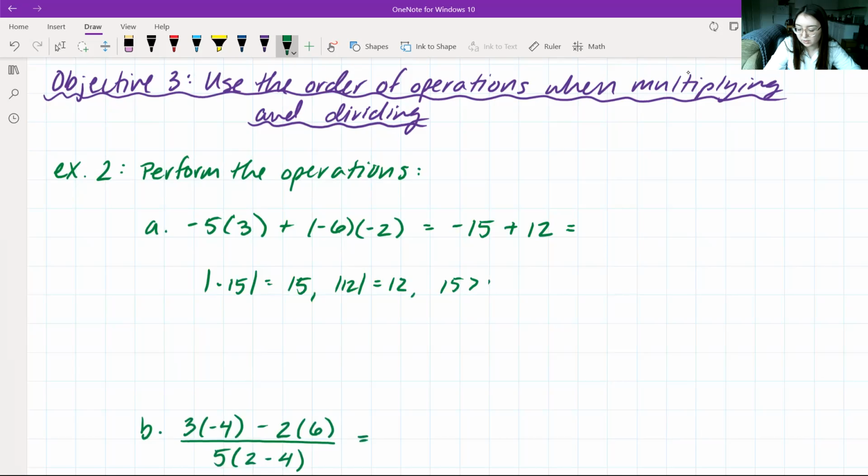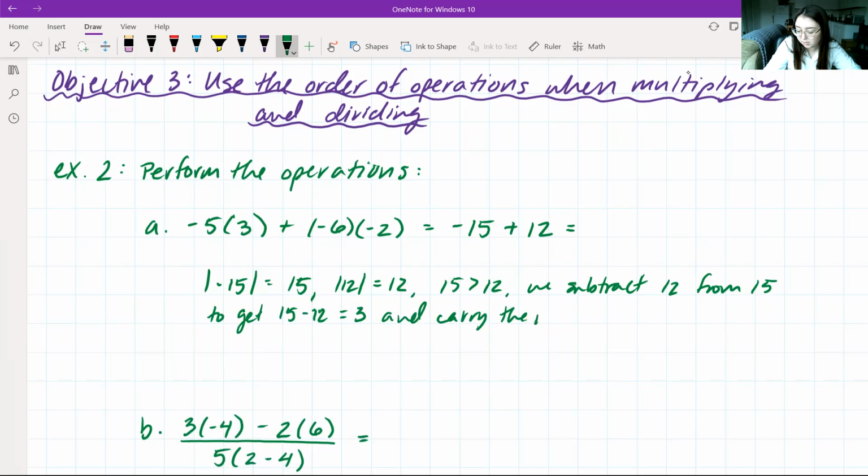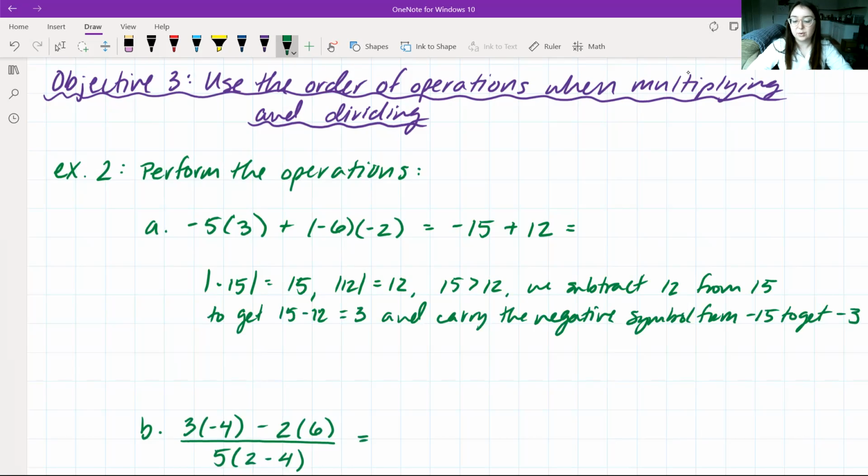Since 15 is greater than 12, we subtract 12 from 15 to get 15 minus 12 is equal to 3, and carry the negative symbol from -15 to get -3. So -15 plus 12 is going to be -3.